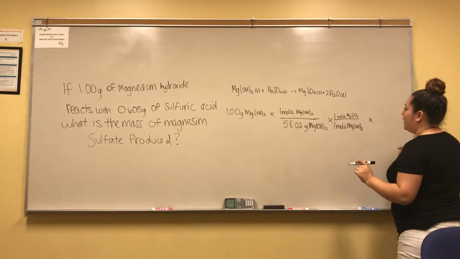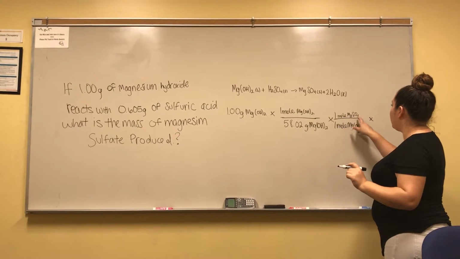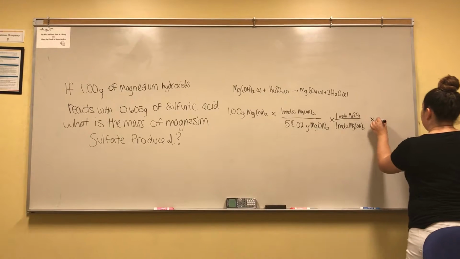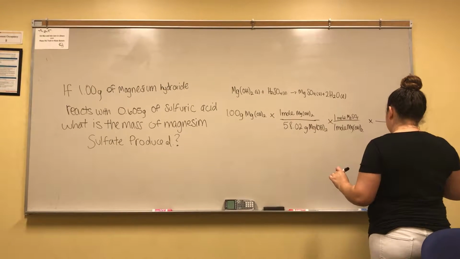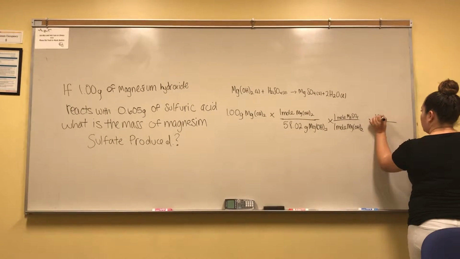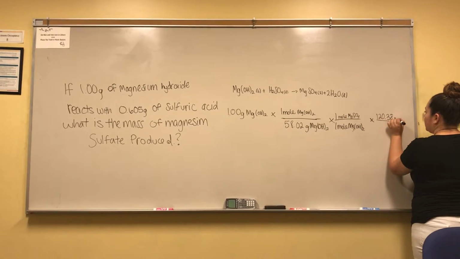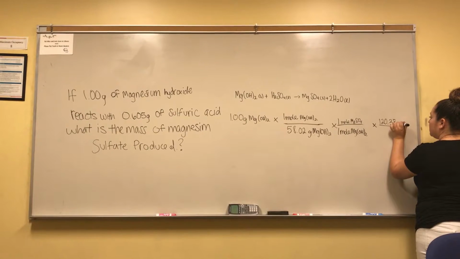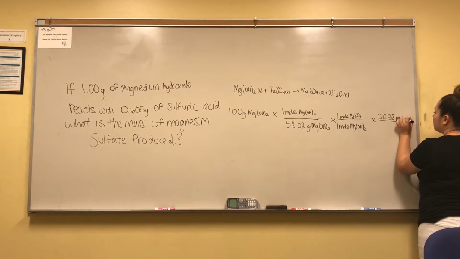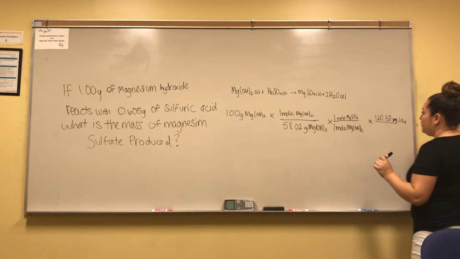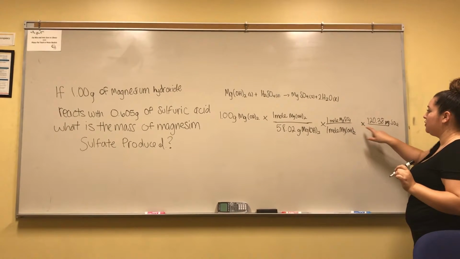Times, then you would get the molar mass of magnesium sulfate, which is 120.38 grams of magnesium sulfate. And then same thing, you want to make sure these cancel out.